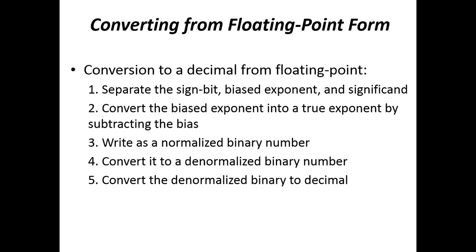Normalization and denormalization mean moving the decimal point of a floating point number. If we are normalizing a number, the decimal point is moved towards the left. When we are denormalizing it, the decimal point is moved towards the right.